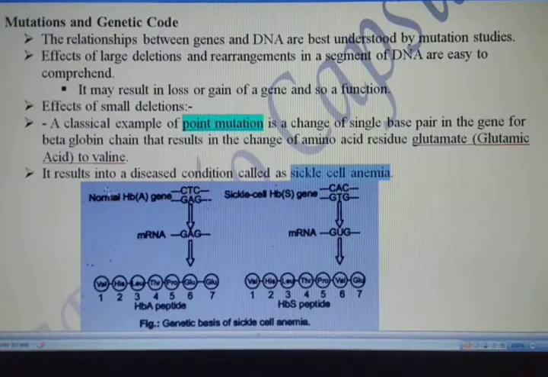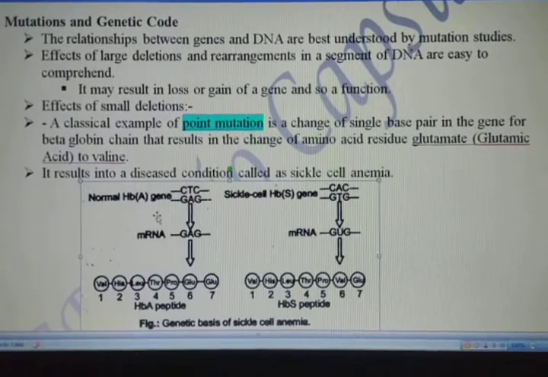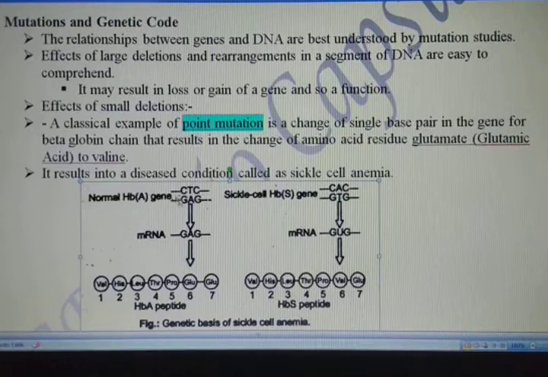If you check the figure down here, for the normal function the sequence of the nucleotides in the codon is required to be GAG, which is responsible for coding glutamic acid, or you can say glutamate. But what has happened over here?